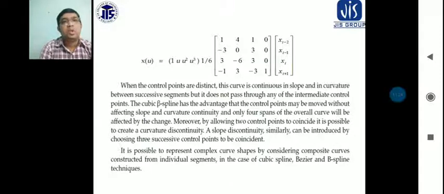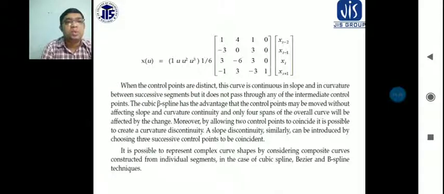Here the composite curve is considered as a cubic B-spline curve. It is possible to represent complex curve shapes by considering a composite curve constructed from individual segments.